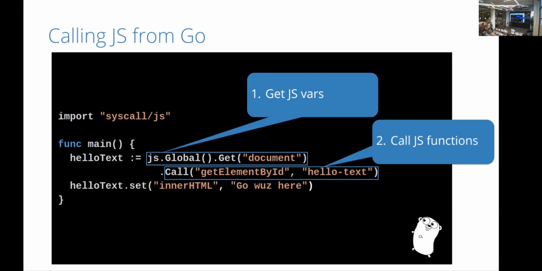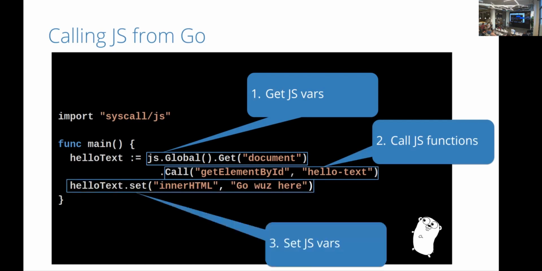In this case, we're going to get the element hello text. And then we can also set values in the DOM. So here I'm actually writing "Go was here" into the HTML of the hello text element, because Go was actually there editing JavaScript using the syscall.js library.